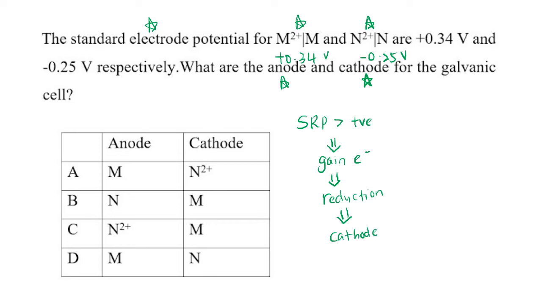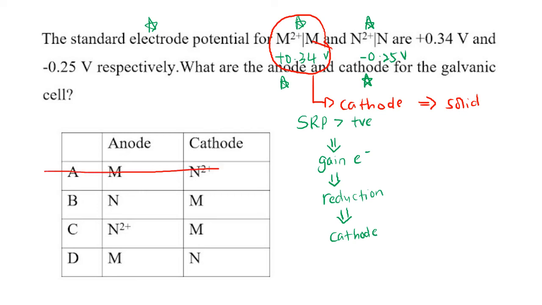So M will act as the cathode. The cathode is always referred to as the solid, so options A and D will be out. Since M is the cathode, N will be the anode. So the answer is B.